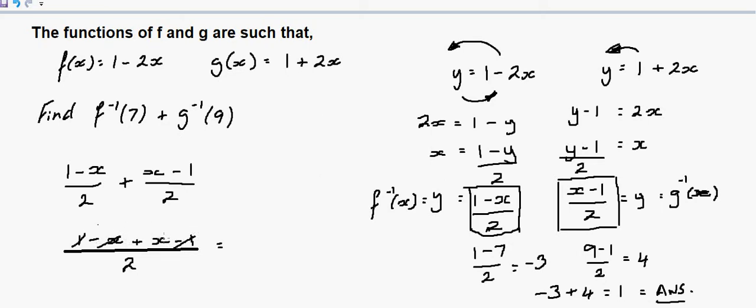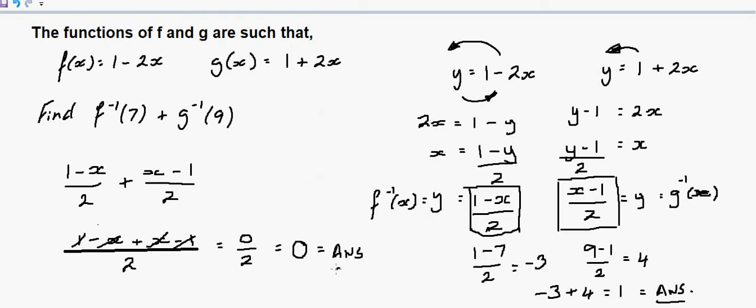Minus x plus x is 0. So we get 0 over 2, which at GCSE level, any fraction with 0 in means that that is 0, and that is our answer.